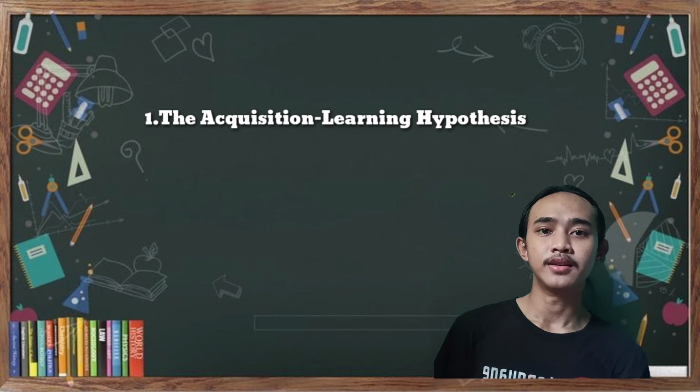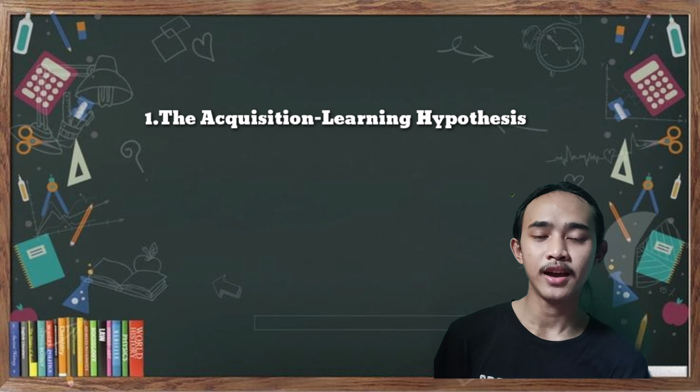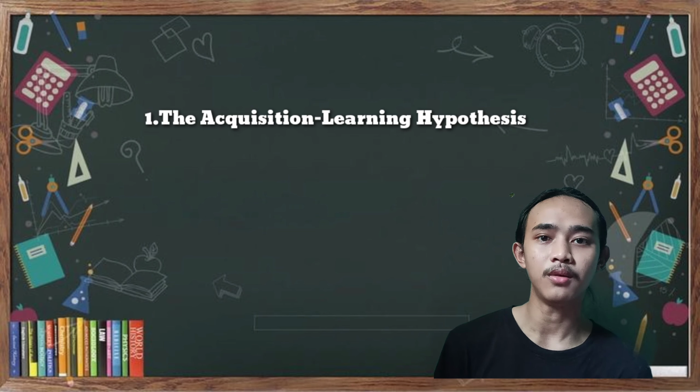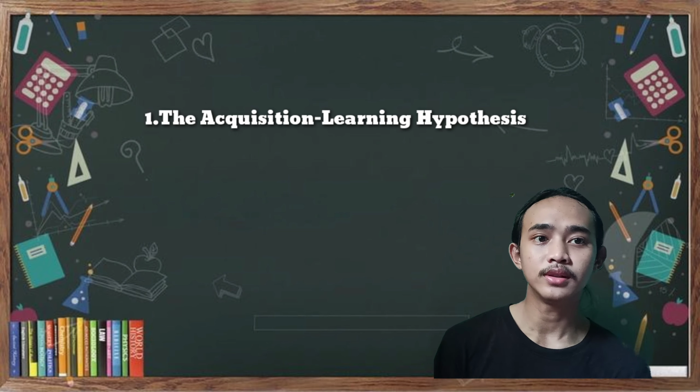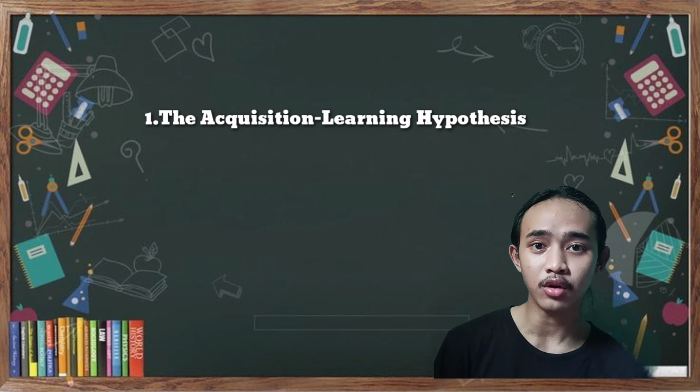The first, the acquisition-learning hypothesis. This hypothesis claims adults have two distinct ways of developing competence in a second language. The first way is through language acquisition, namely by using language for real communication.